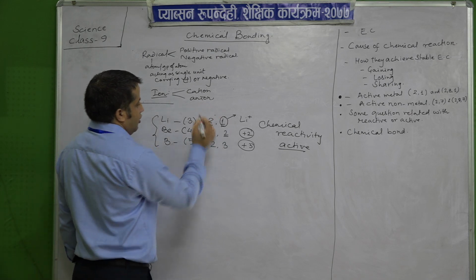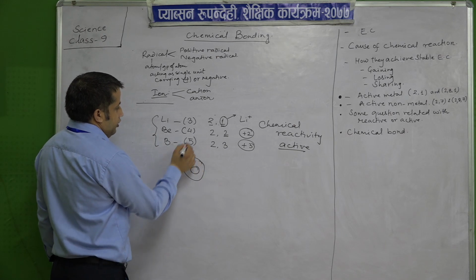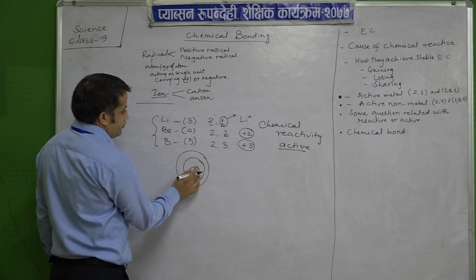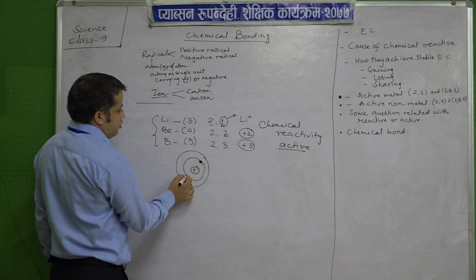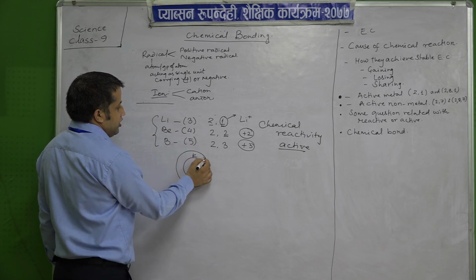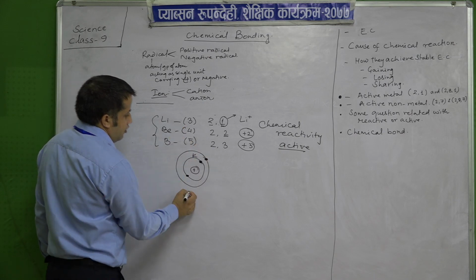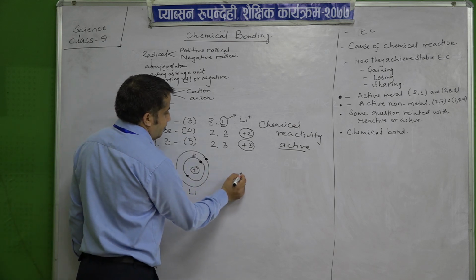If you see the atomic structure of lithium, you will find 2 shells, in the nucleus protons, and here 2 electrons in the K shell, and in the L shell 1 electron in case of lithium.